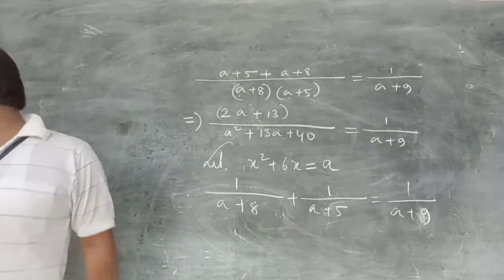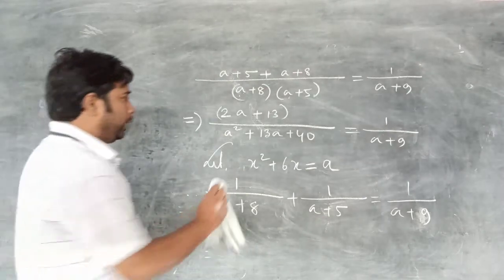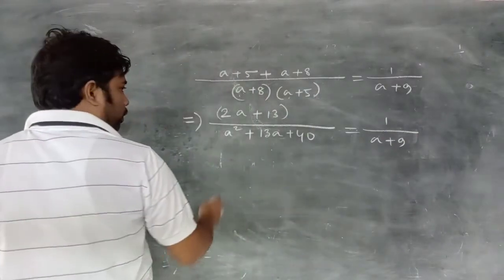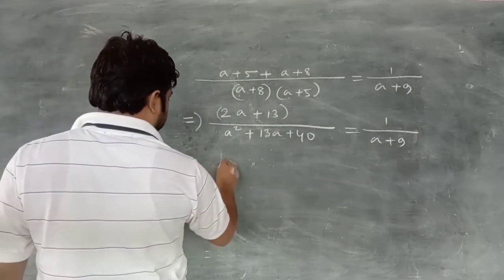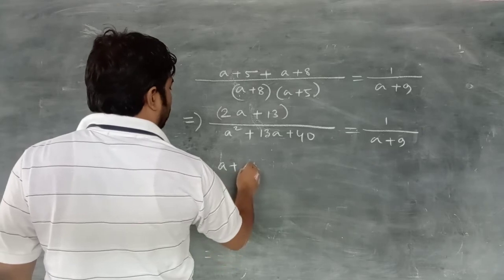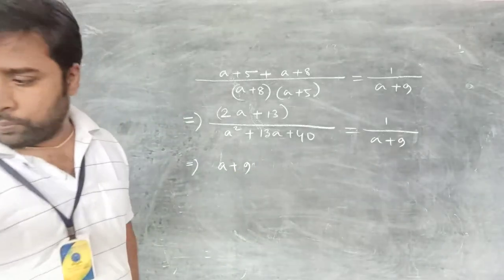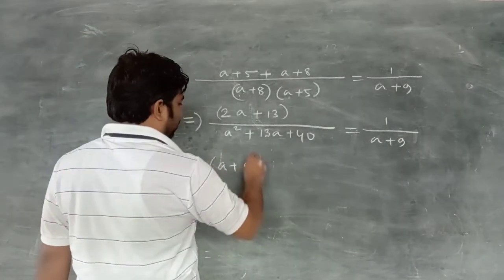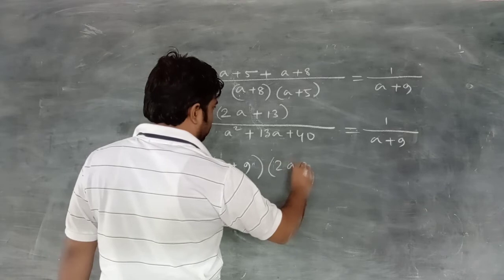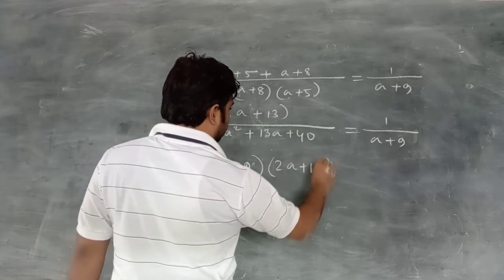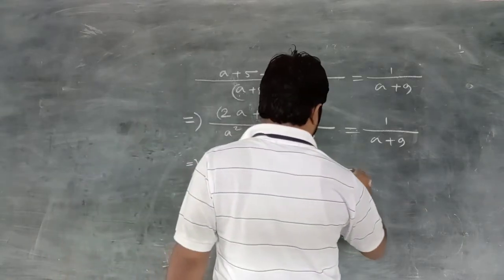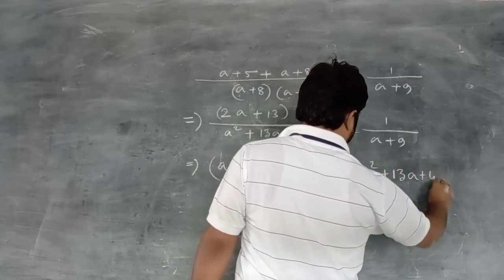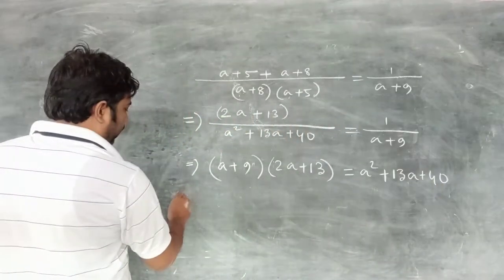Again we shall cross multiply here and we shall find the value of a. So this is a plus 9 into twice a plus 13 equal to a square plus 13a plus 40.